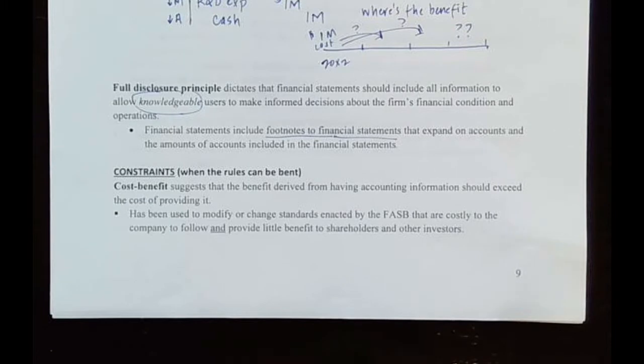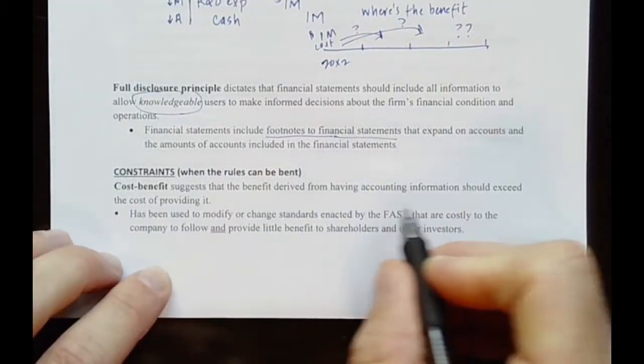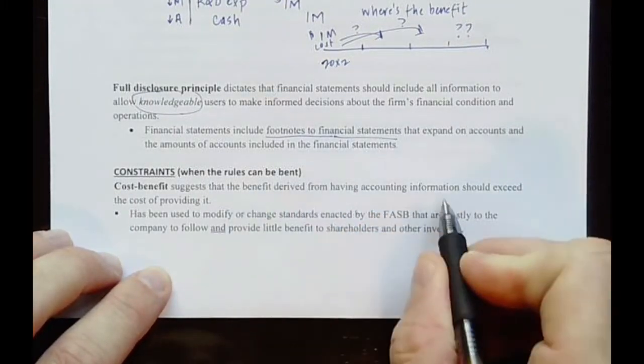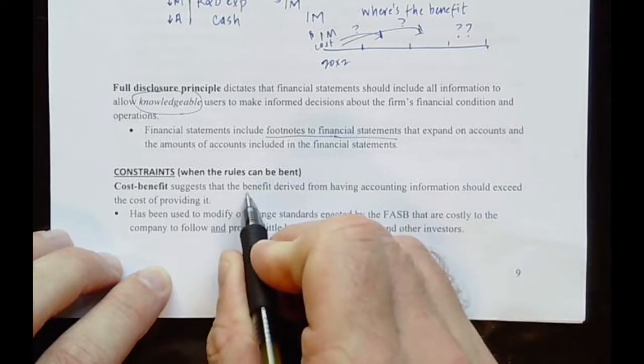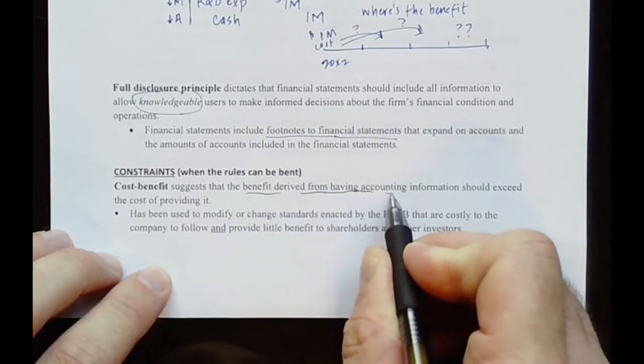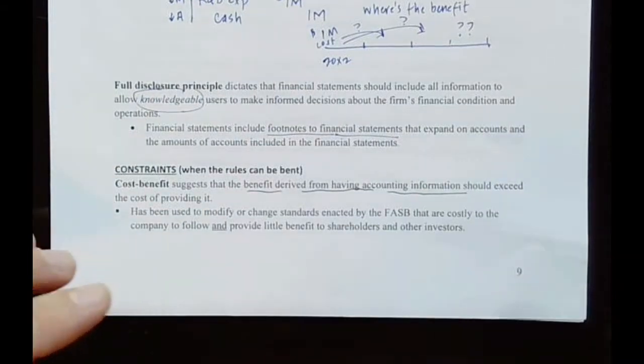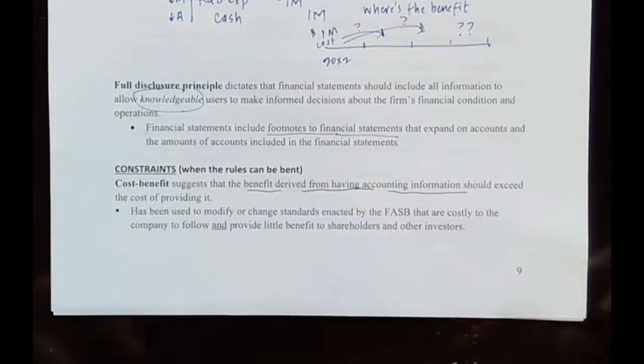One of these that the FASB considers that I've seen in practice a lot is the cost benefit. So in this case, though, right, not resolution and sound files, but here we're talking about any benefit that is derived from having the accounting information disclosed. So any benefit from informing the users of information about what's going on should exceed the cost of providing it.